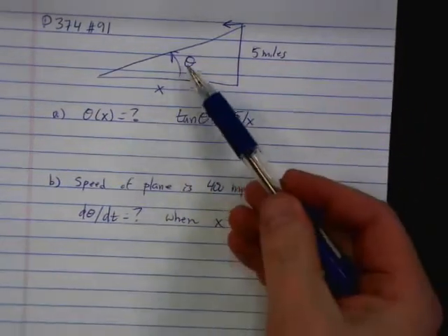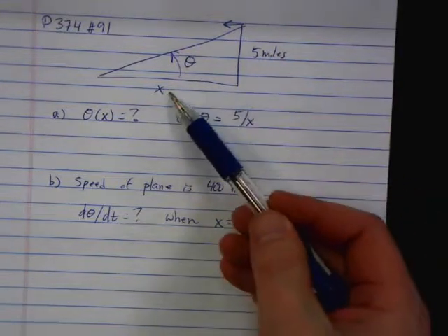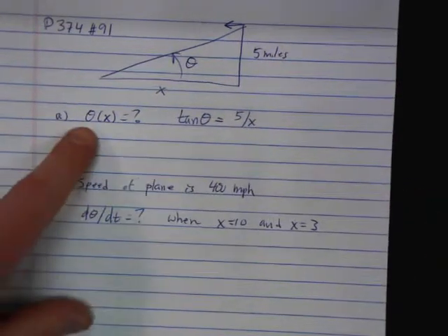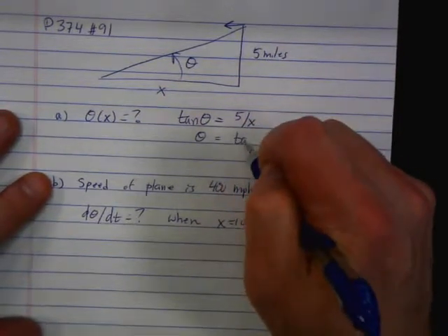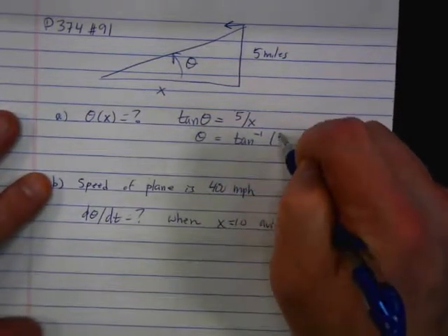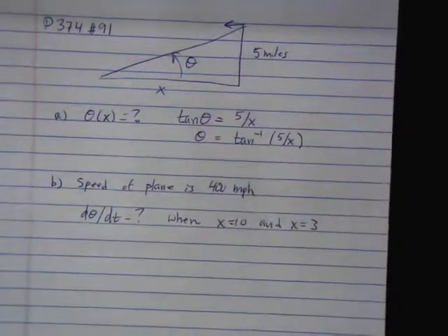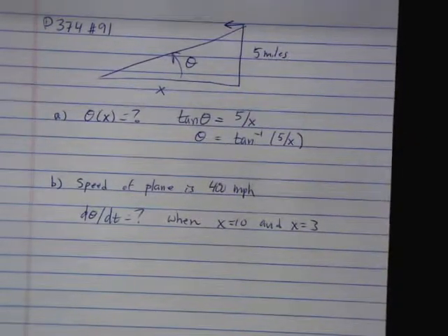Because tangent is opposite over adjacent. So to write theta as a function of x, theta is tan inverse of 5 over x. So this is where these inverse tangent functions start to come into play.